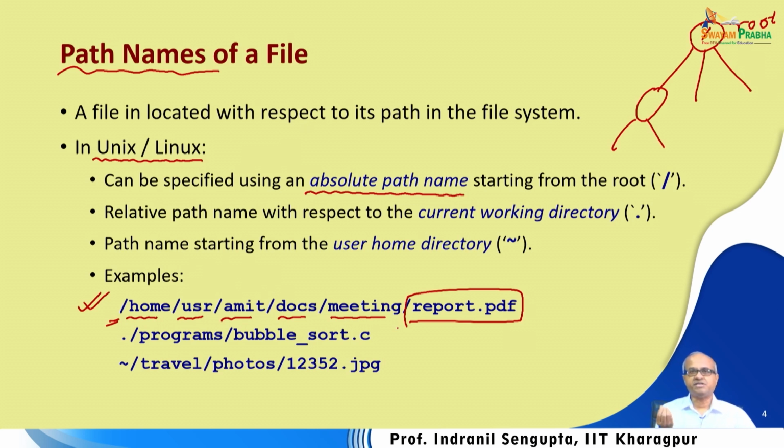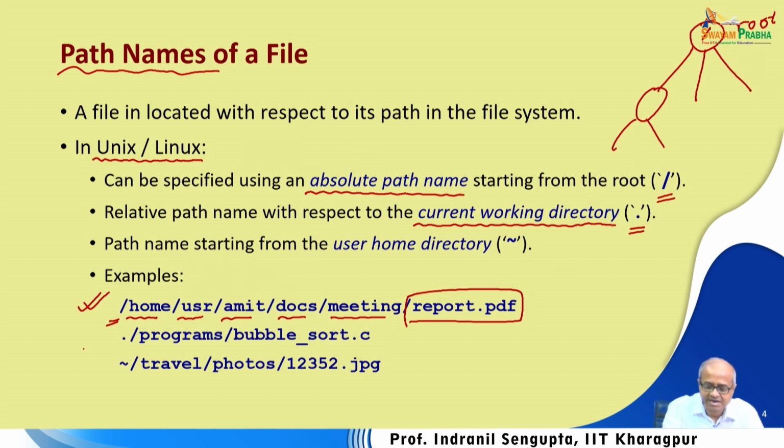Now, there is a concept of a current working directory. So, you can also specify the file path with respect to the current working directory, which you typically specify by a dot. Like the root you specify by slash, the current directory you can change, there are commands like cd or chdir using which you can move from one directory to the other, one folder to the other. That will be your current working directory. Now, from your current working directory you can specify the path.